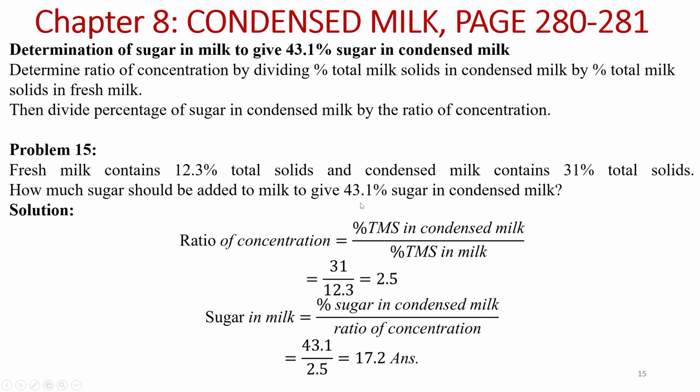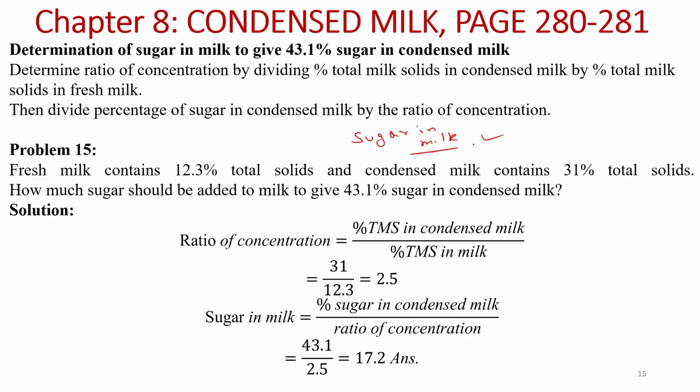Okay, let us see one more numerical on sugar ratio. So determination of sugar in milk to give 43.1% sugar in condensed milk. If we want to calculate the sugar percentage in milk that is required to have a particular sugar percentage in condensed milk, how do we solve such numericals?